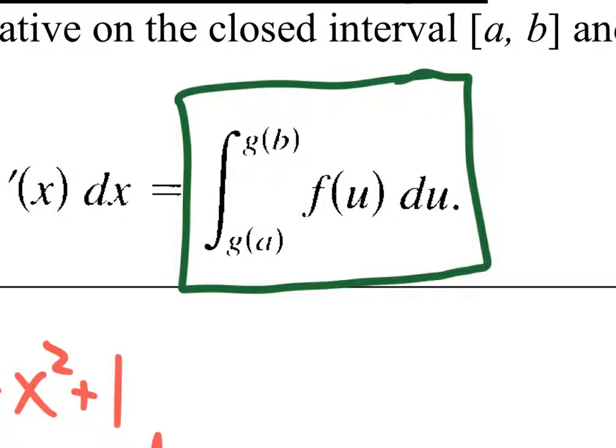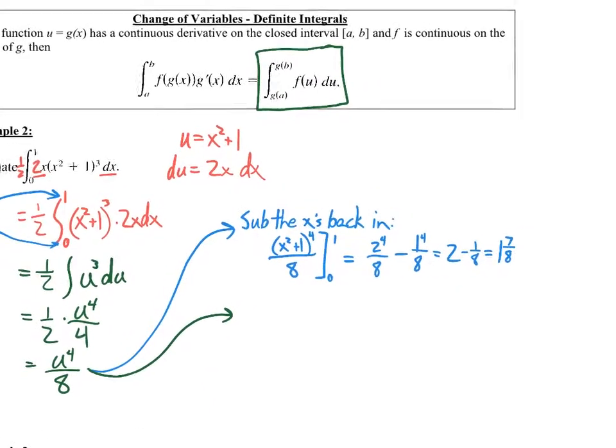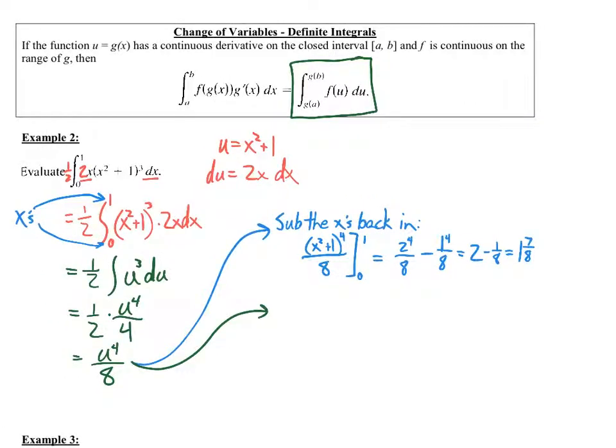So notice what I could do here. For x equals 0, u is going to equal 0 squared plus 1, that's 1.